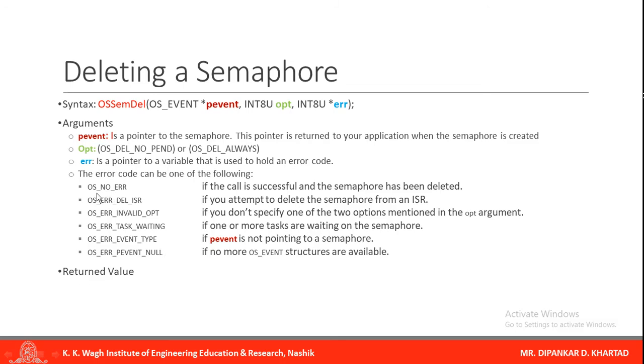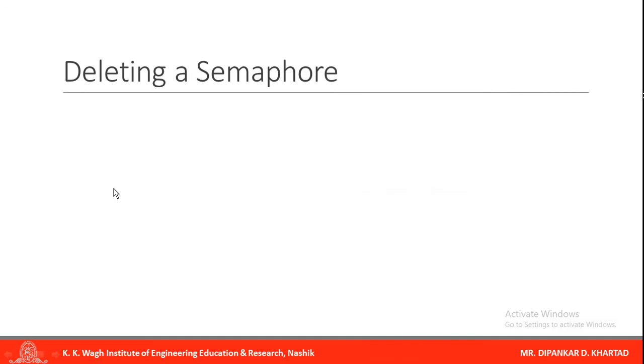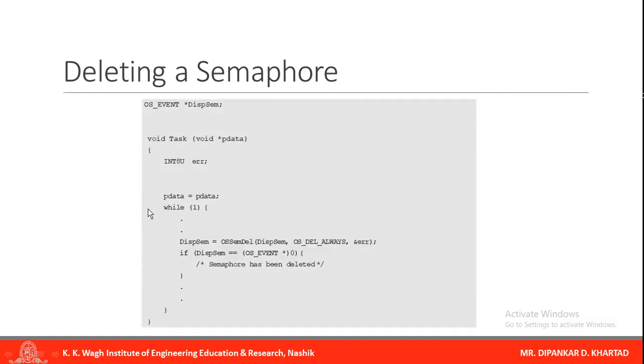Now this function will return a null pointer if the semaphore is deleted, or pevent if the semaphore is not deleted. In this latter case, you need to examine the error code to determine the reason, so you have to check it from the error code. Now this is one simple code for deleting the semaphore.